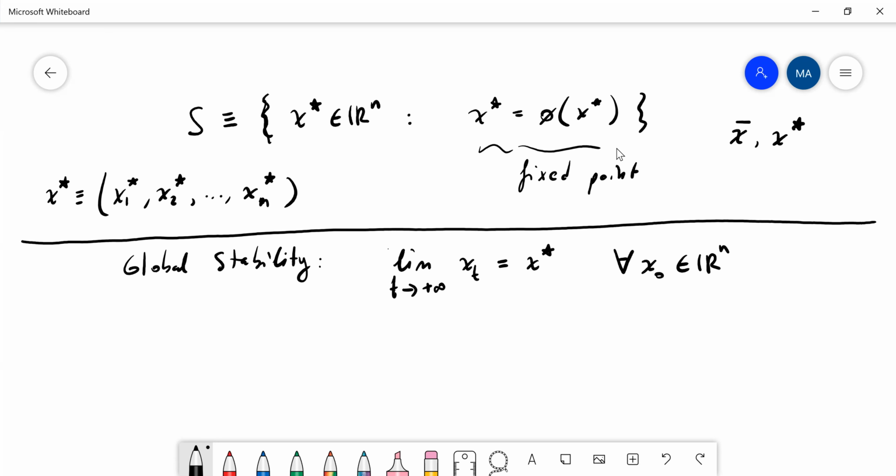Okay, so if that's true, then this is global stability, right? For local stability, obviously, this must be true again.